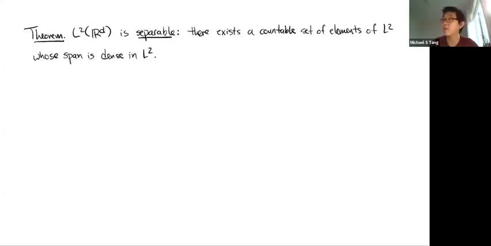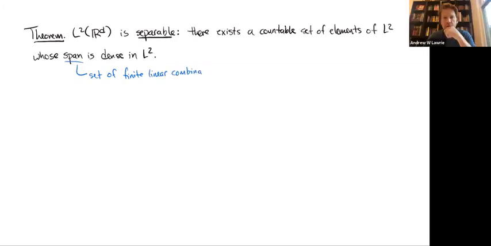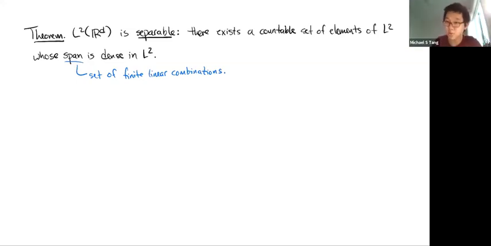By span, I mean the set of finite linear combinations of these elements. Remember, we just said that L2 is a vector space, so we can take linear combinations. So we want to prove that there are countably many elements where if you take their span, you get a larger set, which is dense in the entire space.